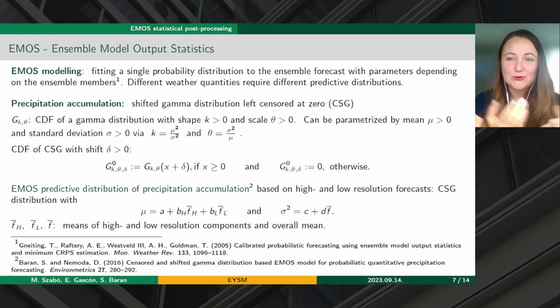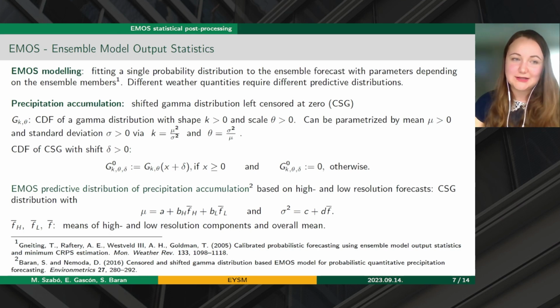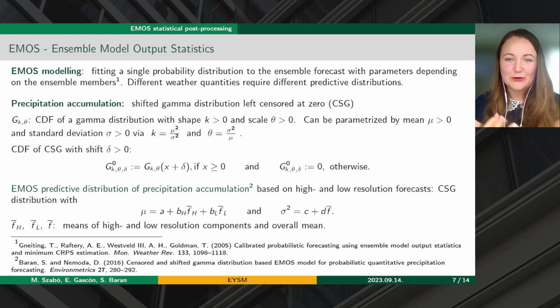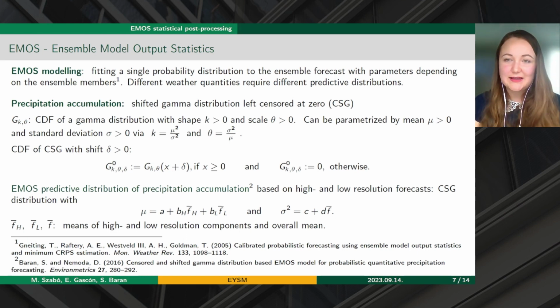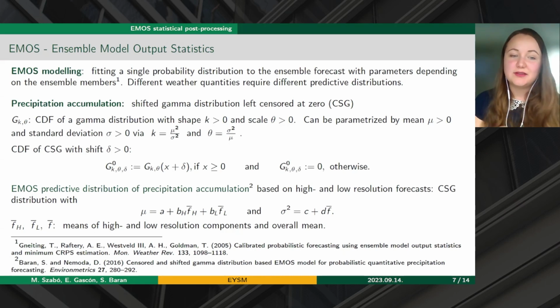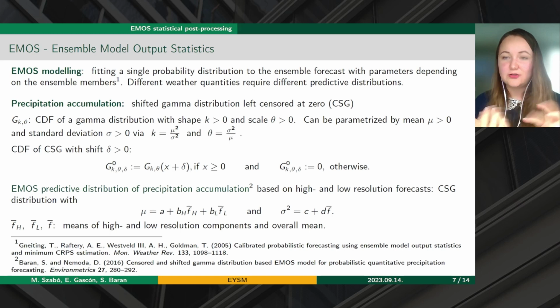For example, what we used here was a shifted gamma distribution left-censored at zero. Here you can see all of the parametrization for it with its shape and scale and also the shift parameter. But it can also be defined with its mean and standard deviation, which, on the last row, you can see are all dependent on the means of our high and low resolution components of the forecast and their overall mean.